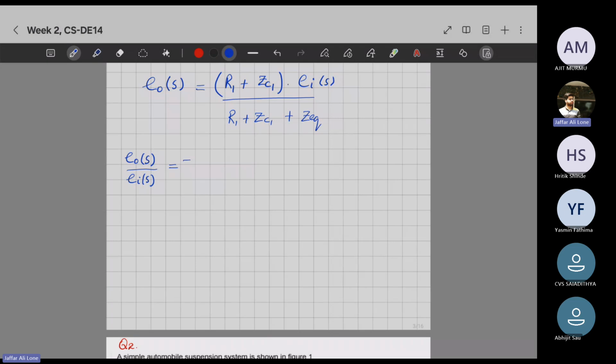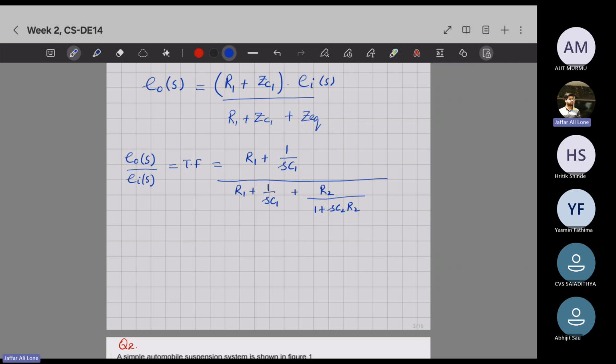This is my transfer function, which is actually needed. It is equal to R1 plus ZC1, which is 1 by SC1, divided by R1 plus 1 by SC1 plus Z equivalent, which is R2 over 1 plus SC2 R2.